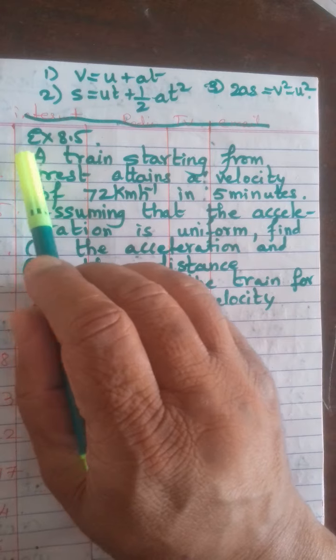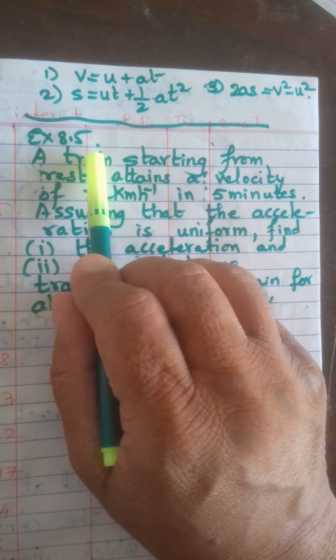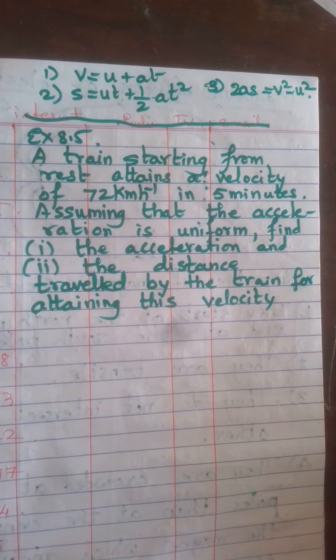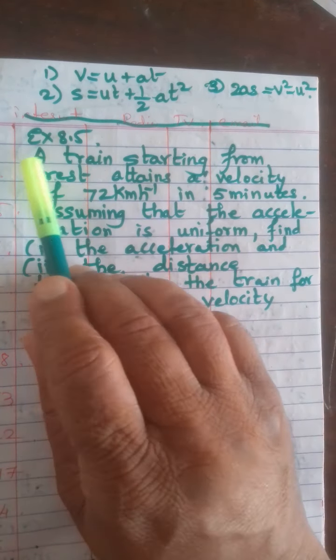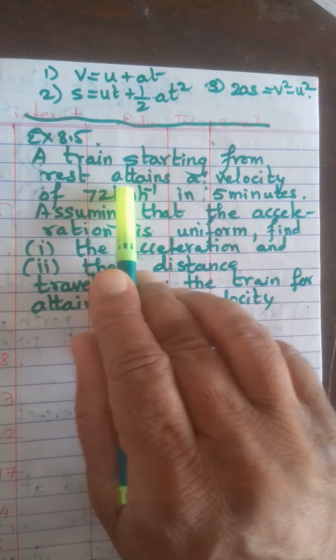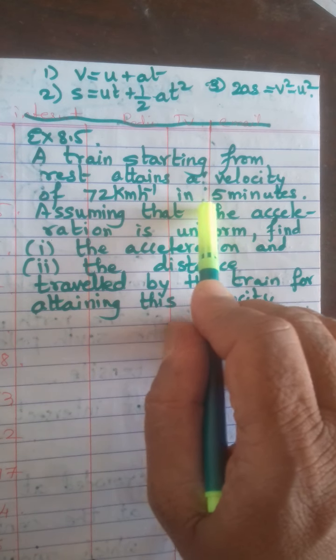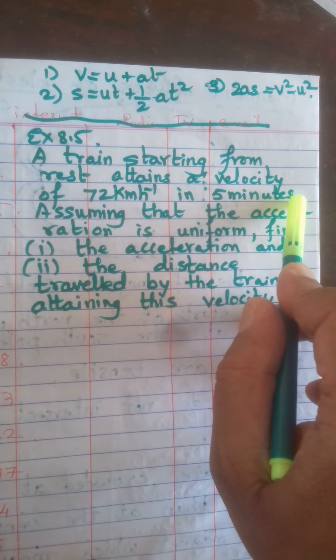So we will solve example 8.5 from the text, which is on page number 108. I will read the question: A train starting from rest attains a velocity of 72 kilometers per hour in 5 minutes.